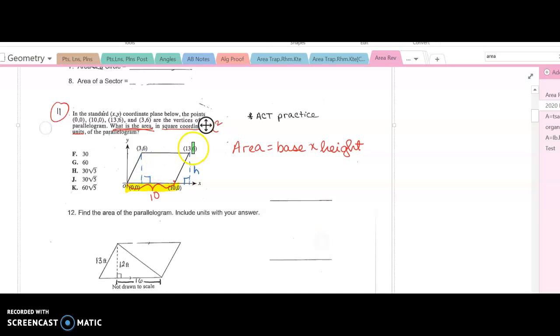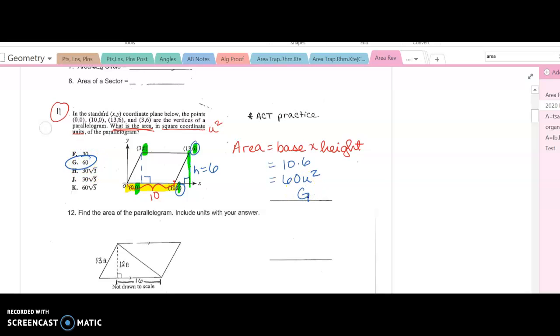Either way, what you're looking for is the difference between your y coordinates. That's going to tell you this vertical distance here. So if this guy's at 6 and this guy's at 0, if I subtract the two, the vertical distance will be 6. So base times height, 10 times 6 would be 60 units squared. So my answer is G as in goat.